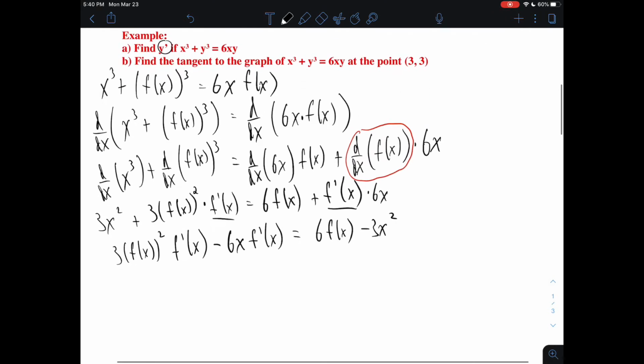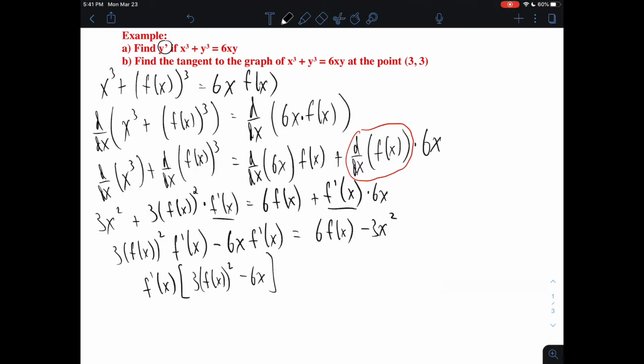And now you can see that we can just clean this up by factoring on the left f prime of x. What's left from what I factored out would be 3 f of x squared minus 6x. And then on the right, 6 f of x minus 3x squared.